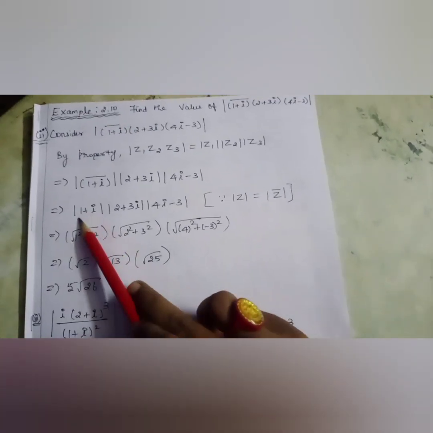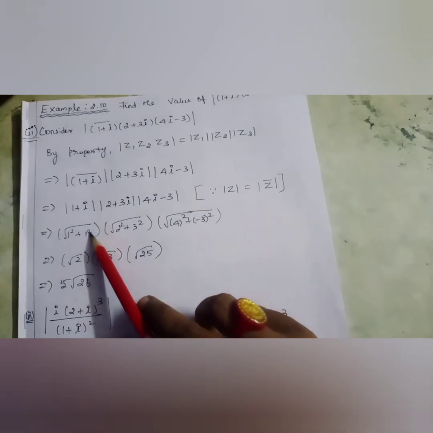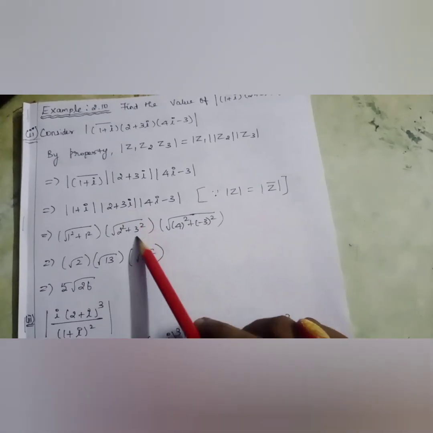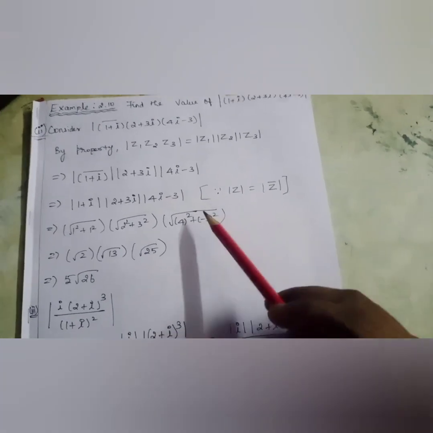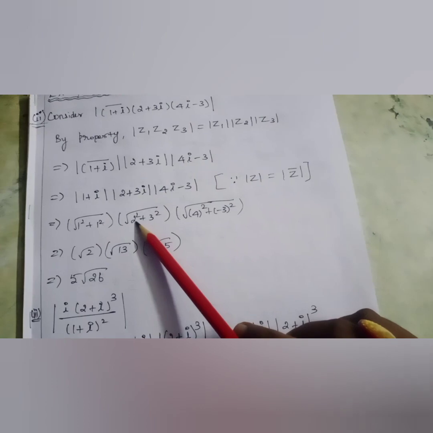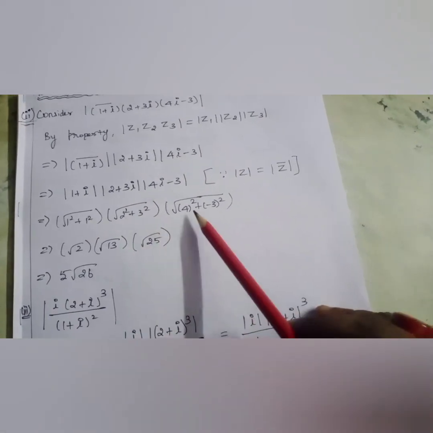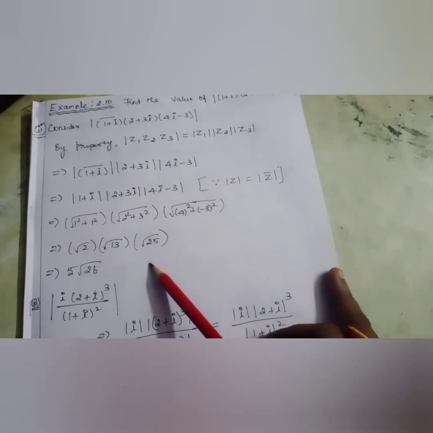So root of 1 square and the coefficient of i has to be written, that is 1. So 1 square plus 1 square, 2 square plus 3 square, 4 square plus minus 3 the whole square, which is going to be 3 square only. So 1 plus 1 is 2, 2 square is 4, 3 square is 9, so 13, 4 square is 16, 3 square is 9, so 25. So we got the answer to be 5 root 26.